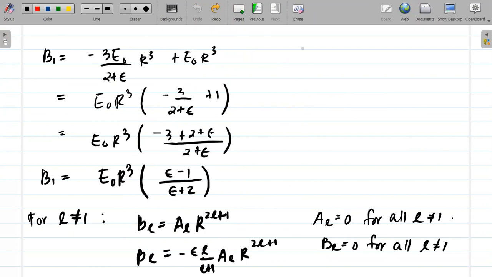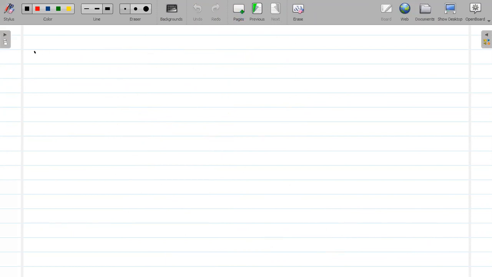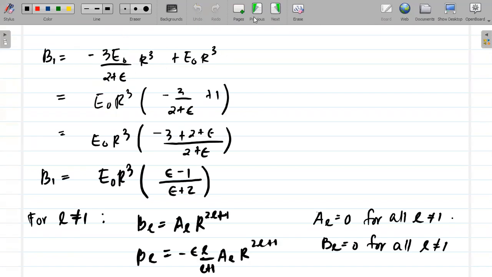Now we can write the potential. V of r theta now is equal to A1 r to the 1 P1 of cos theta. So yan lang yon. That is equal to, ano yung A1 natin?